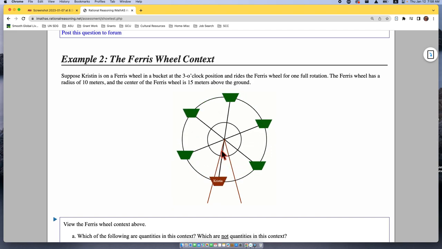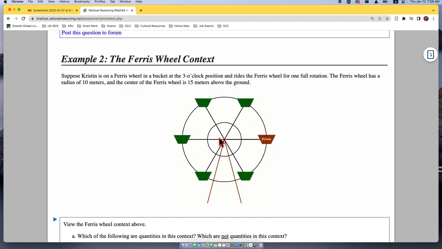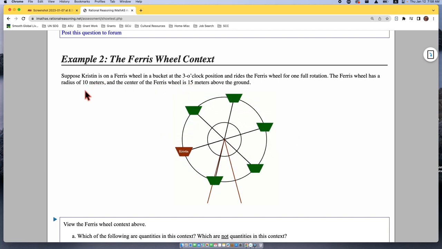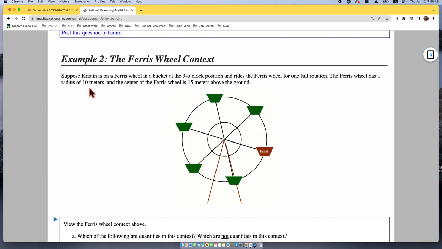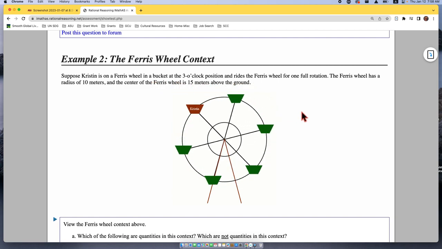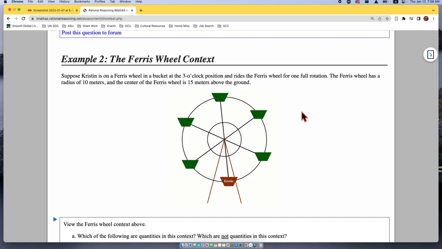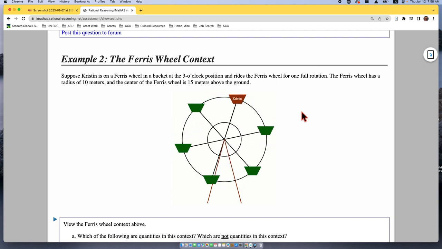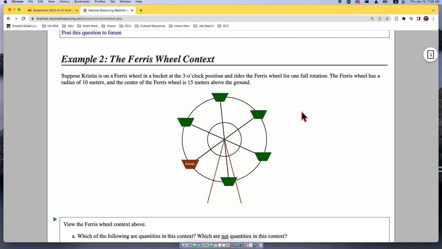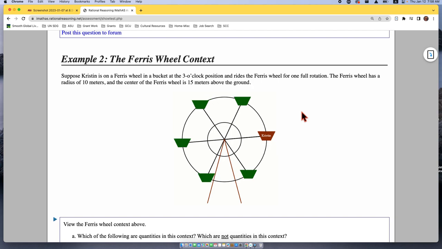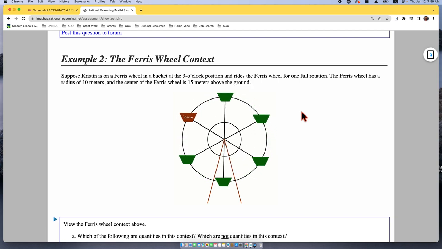We've got a Ferris wheel moving around, and they tell us the 3 o'clock position, it has a radius of 10 meters, and it's 15 meters above the ground. Obviously it's not going to hit the ground, so this is 15. The variation is between how high Kristen is above the ground in comparison to how high she is above the center.